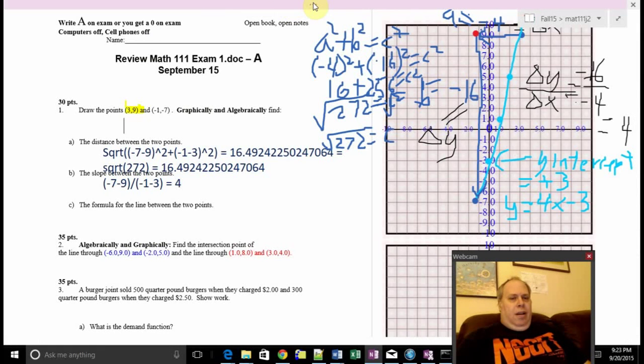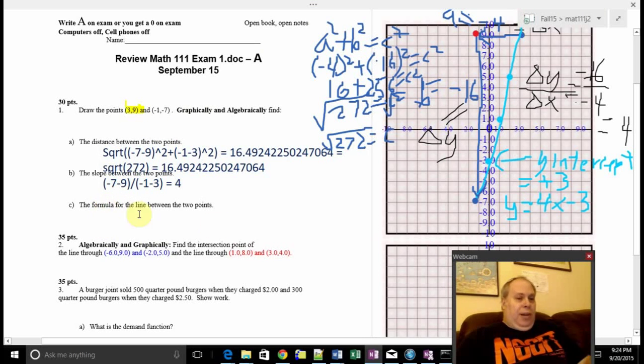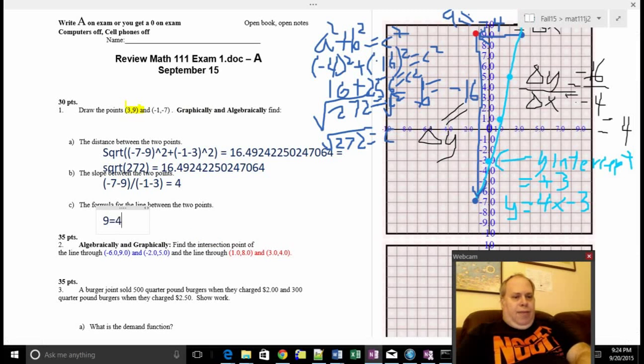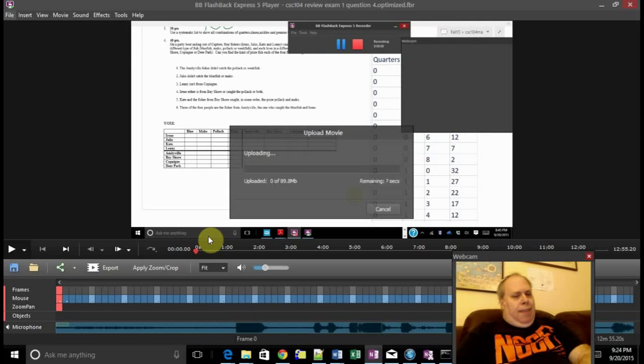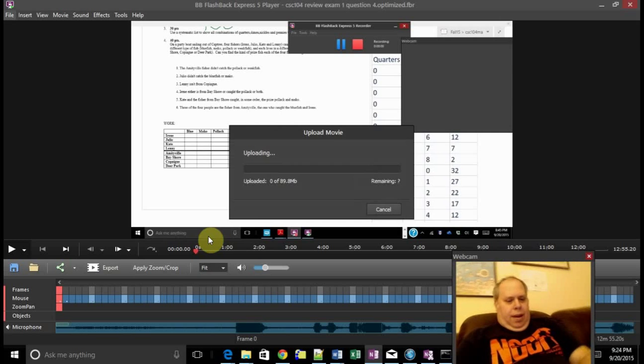Okay, so we'll go back down here, and know the slope is 4 from part B, so all I have to do is figure out that 9, y, equals slope, that's 4, times x, that's 3, plus intercept.